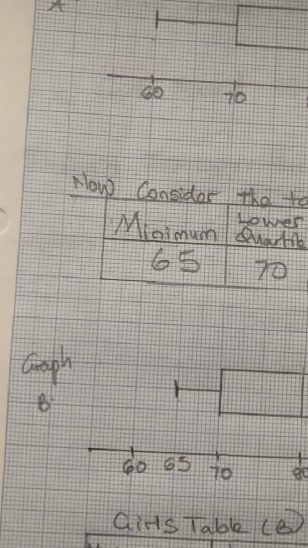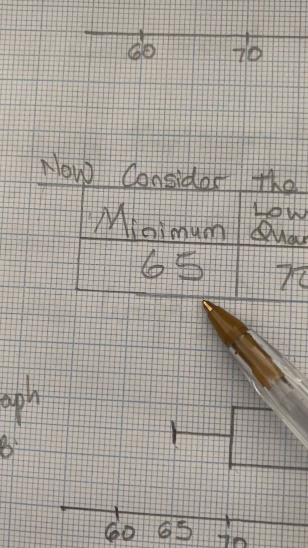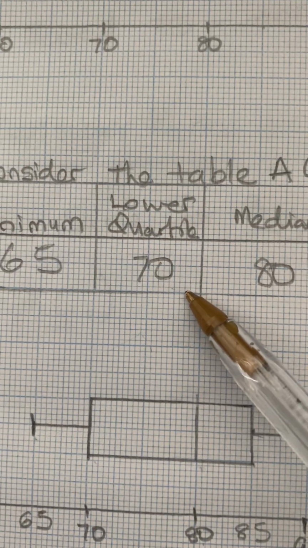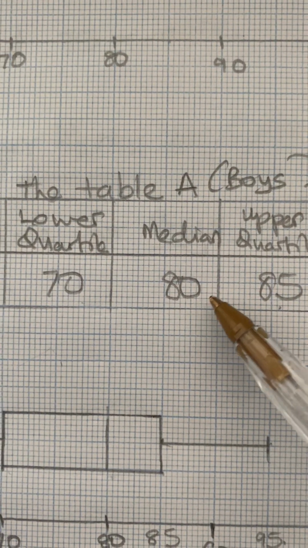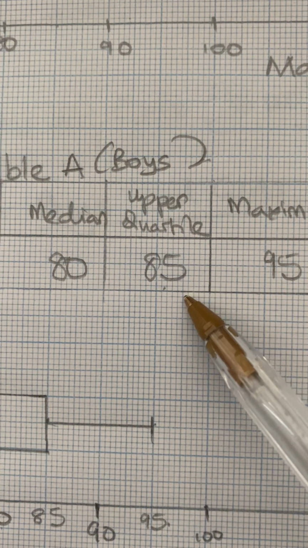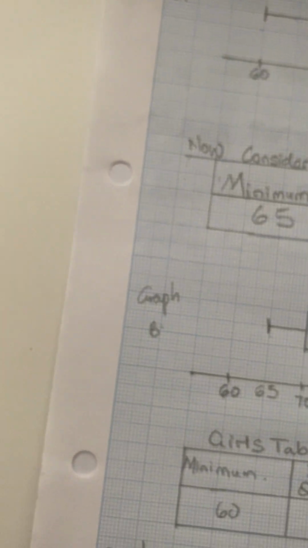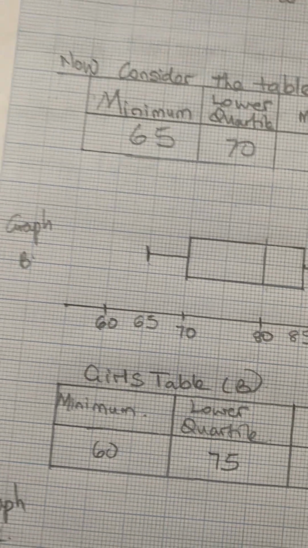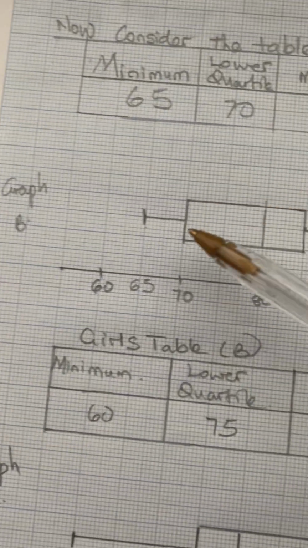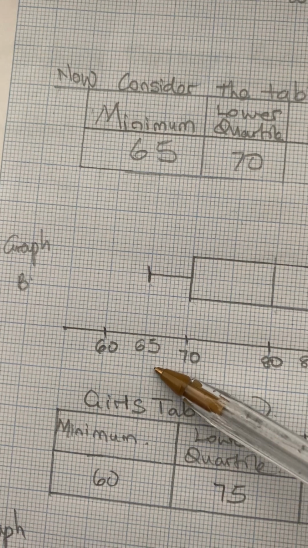Now they've given you a new table. Minimum 65, lower quartile 70, median 80, upper quartile 85, maximum 95. And they've asked you to put this on a box plot. Okay, so now that is my minimum 65 using the table.